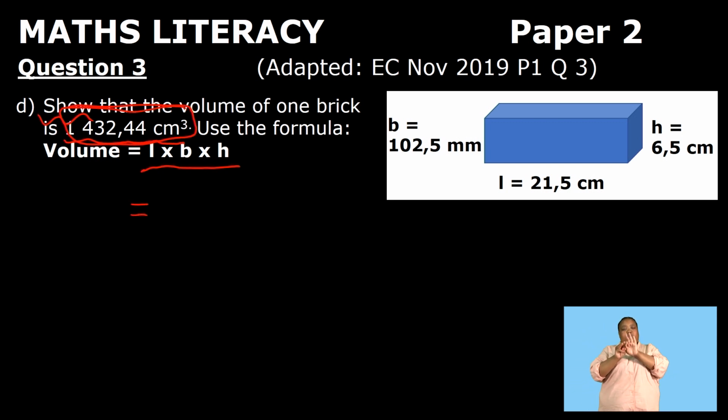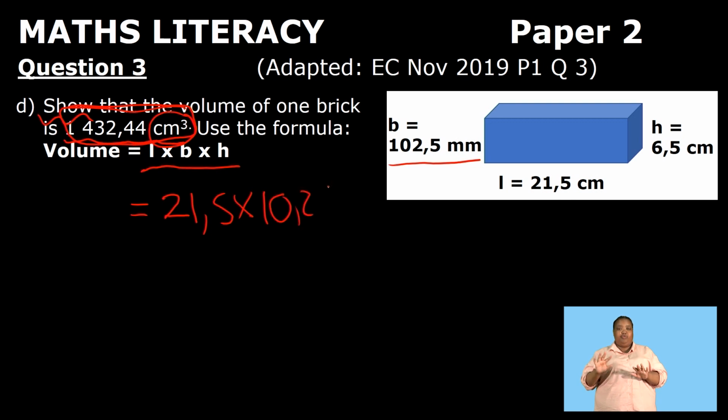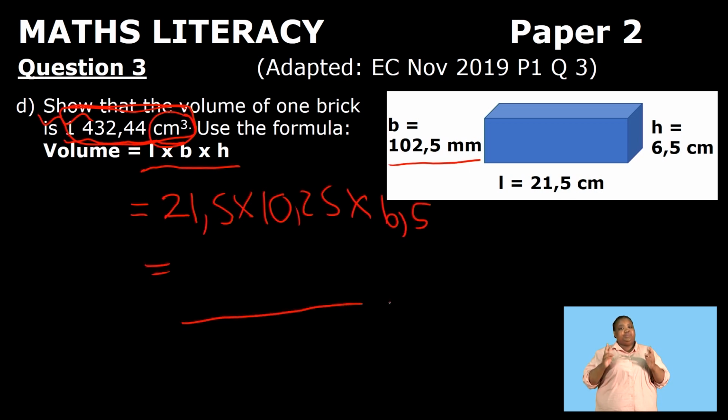Now we will say the length is 21.5, we're working in centimeters, times the width of 10.25, remember we converted, times the height of 6.5, and then hopefully you will get to the answer that they asked you to show. Please do not get confused if your answer is incorrect. Sometimes that might be a catch, but just double check.